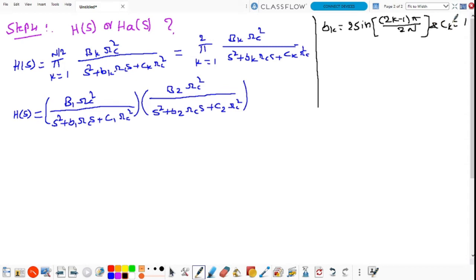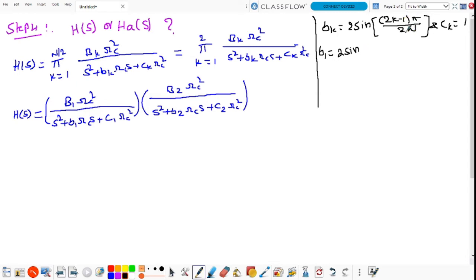Now substitute k is equal to 1, we get b1 is equal to 2 sine of (2 minus 1) pi by 2N.